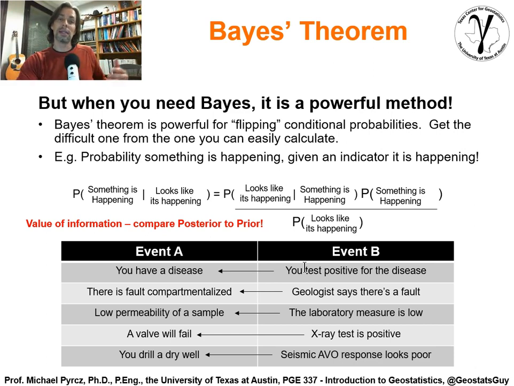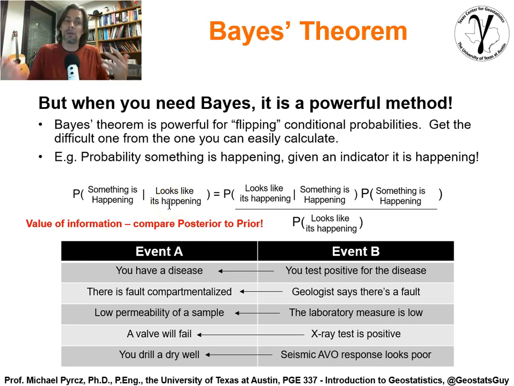Now, when I showed this in a video on YouTube, there was some really good feedback, and the feedback was, well, what about the idea of value of information? And that's totally true. If you look at the difference between the prior probability of something happening and the posterior probability something's happening, given it looks like it's happening, that in fact is a measure of the value of that information, that test that indicated that it looks like it's happening.